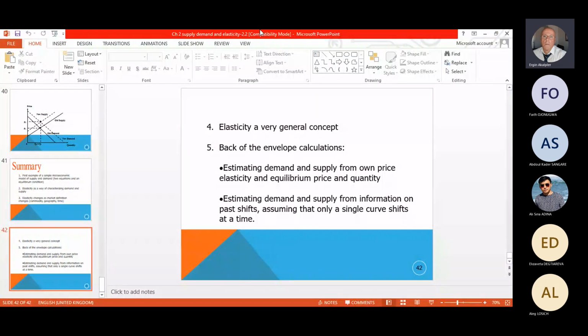Next lecture, we will go to complements and inferior goods, and also we will estimate the market structure by using this differentiation, and how luxurious goods and inferior goods impact the market structure.